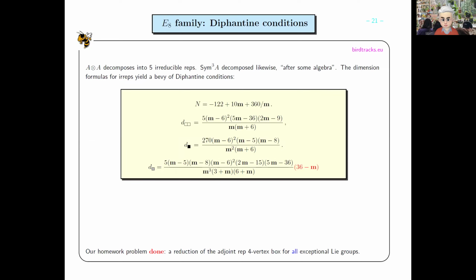And you find out that for the irreducible representations in 2 gluon space, there are 3 of them, and one of them has an explicit factor of 36 minus m.